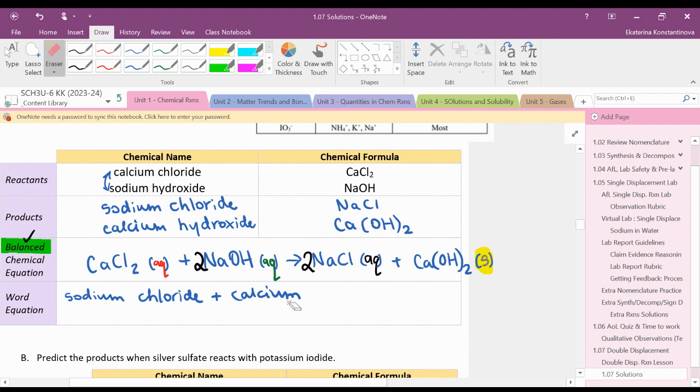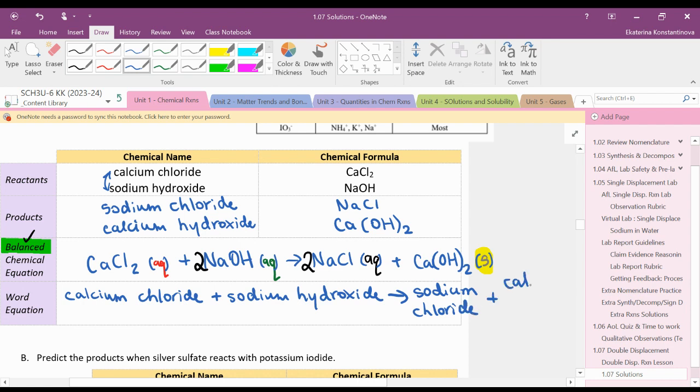We have calcium chloride plus sodium hydroxide, producing sodium chloride plus calcium hydroxide.